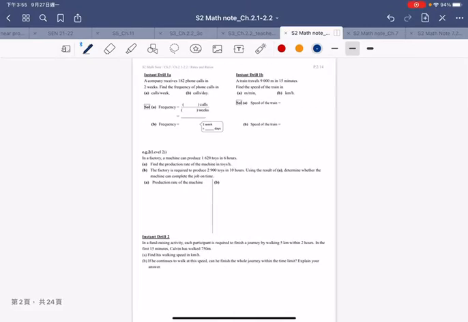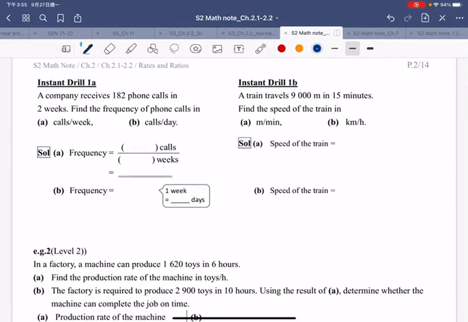Okay, so let's move on to page 2. So there are 2 questions for you to try.